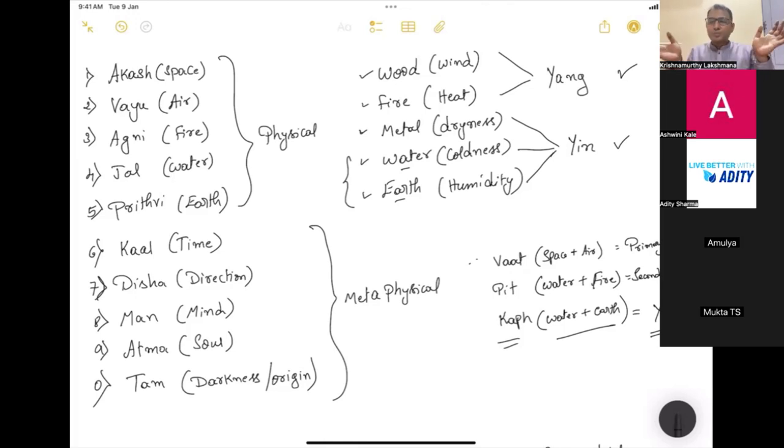So you put a heap of earth, let's say soil, in one place. After 1 year you come, it will still be sitting there. It will not move. Very low movement. And you put a heap of metal, iron, in one place. You think it will move around? No, it will sit. But if you put water, after a few days it would have evaporated and moved. So there is some movement to water. But wind, you think it will stay in one place? No. It will be continuously moving.